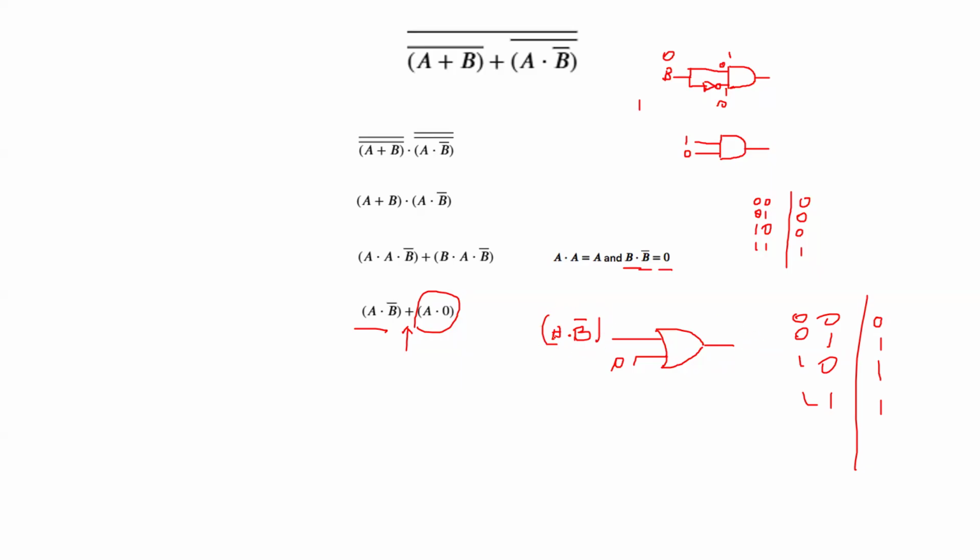If this whole thing becomes 0, then we're going to have 0. So the output is going to follow the input here. So we could just eliminate that. And here's the final expression. That's the simplest. Here's the final answer.